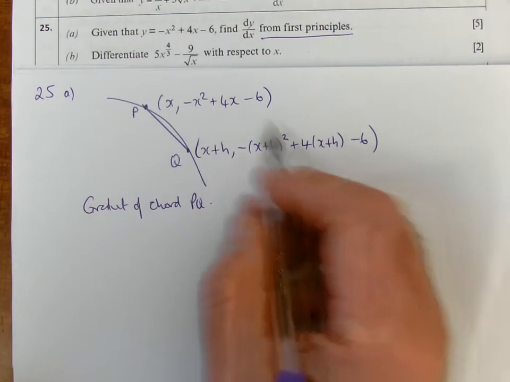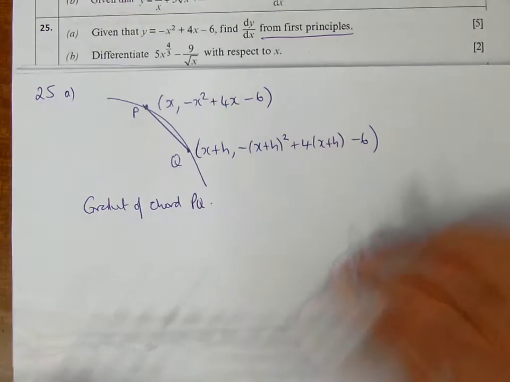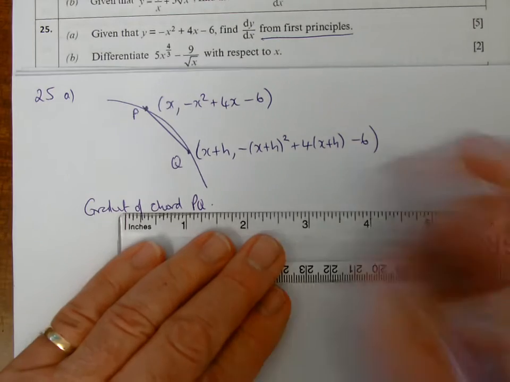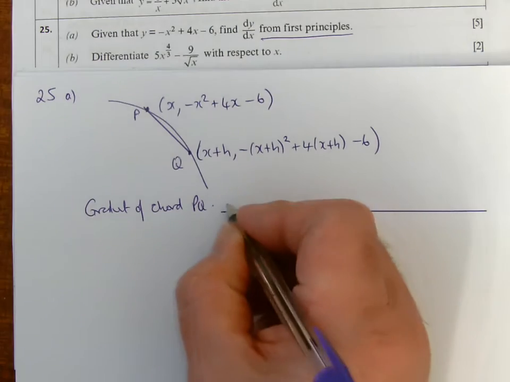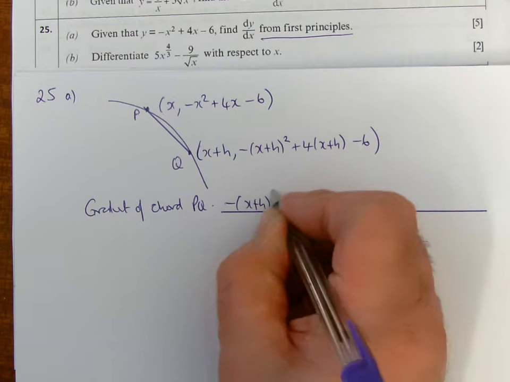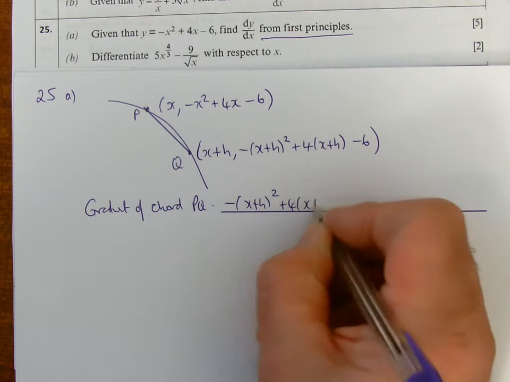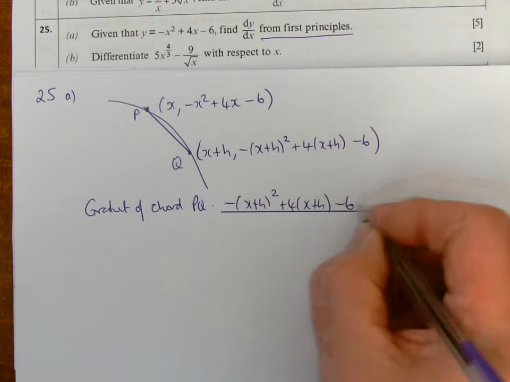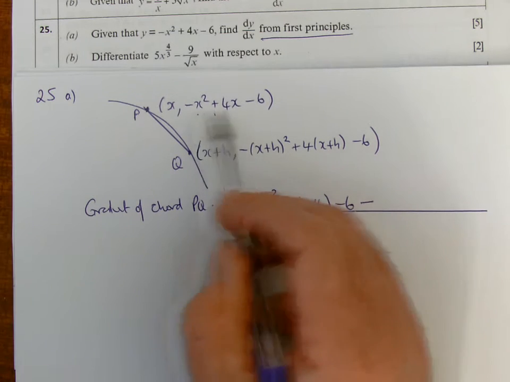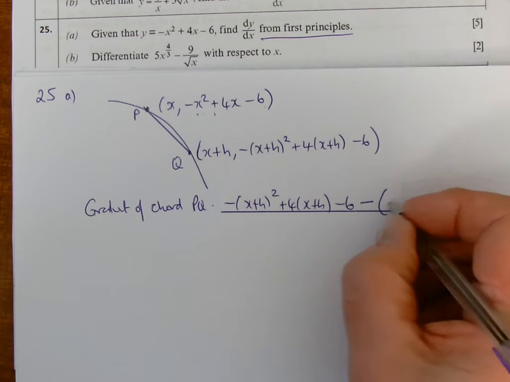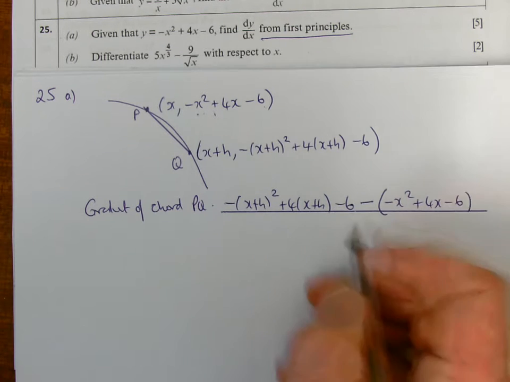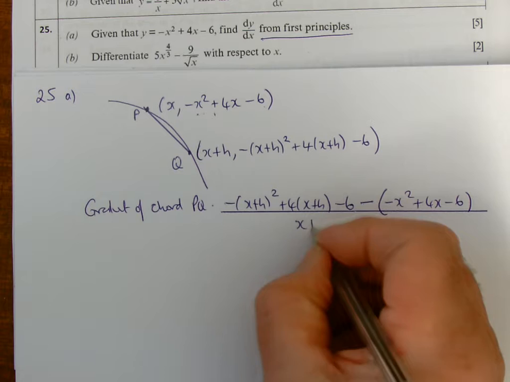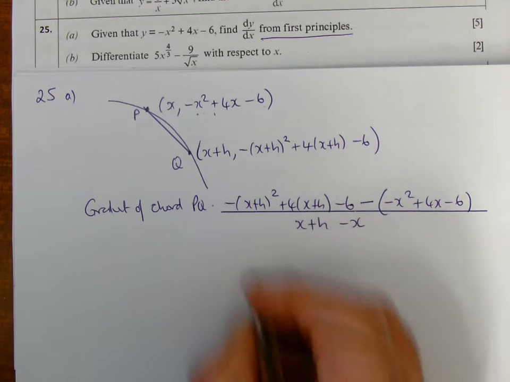So that's y2 minus y1 over x2 minus x1. So y2 is minus (x plus h) all squared plus 4(x plus h) minus 6, minus, and now there's more than one term there, so you must use a bracket, minus x squared plus 4x minus 6, all over x plus h minus x.